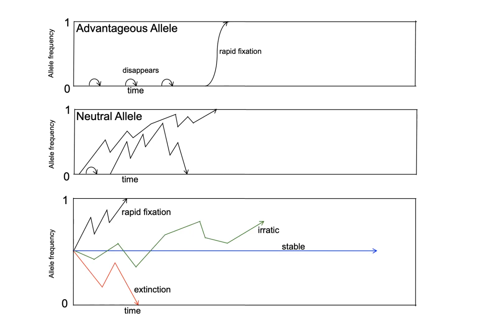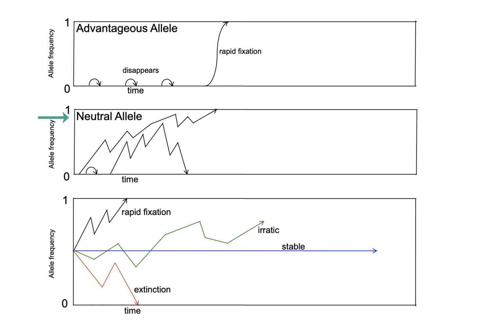If you follow particular alleles in a population, in the case of an advantageous allele, often they either disappear right away, or if the population is small or they're very advantageous, then there's rapid fixation in the population, and they will remain there for quite some time.